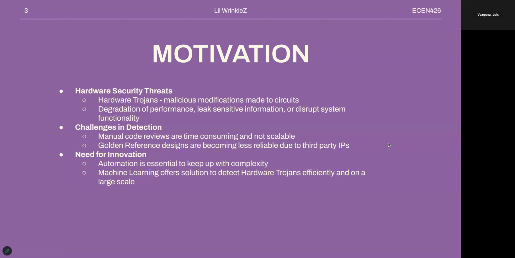This is where machine learning, particularly graph neural networks, provides a promising solution. By representing hardware designs as data flow graphs and leveraging the power of GNNs, or graph neural networks, we can automate the detection process, eliminate the dependency on unreliable golden references, and significantly improve both speed and accuracy of detection.